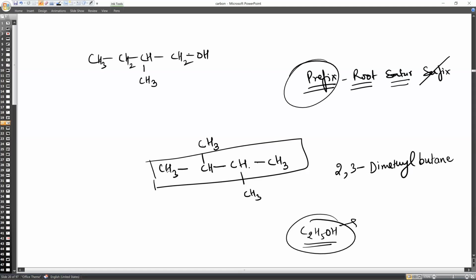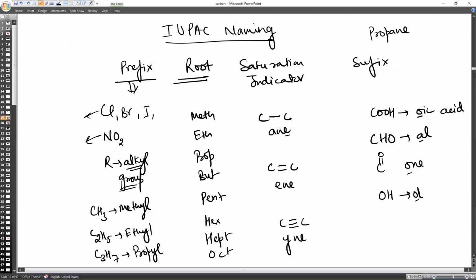First of all, numbering should be done so that the functional group gets the lowest possible number. This is the main functional group. First of all, select the longest carbon chain, including the functional group. So this is the longest carbon chain that we have selected, including the carbon with which the functional group is attached. So 1, 2, 3, 4. At 2 position we have a methyl group. We first write the prefix, which is either chloro, bromo, nitro, or any chain like CH3, C2H5, any branch.